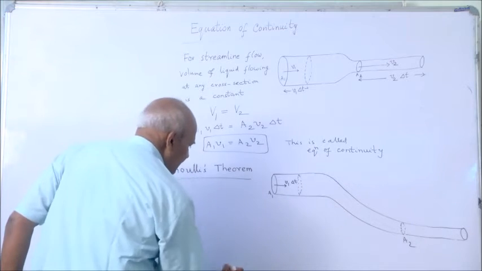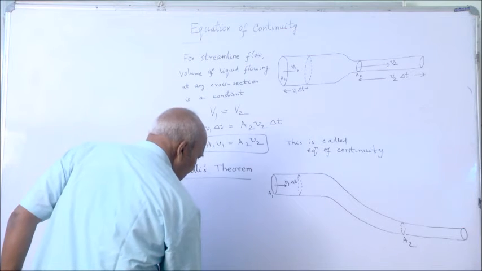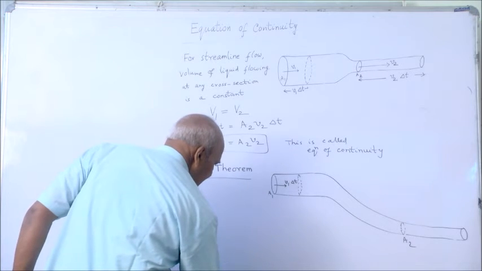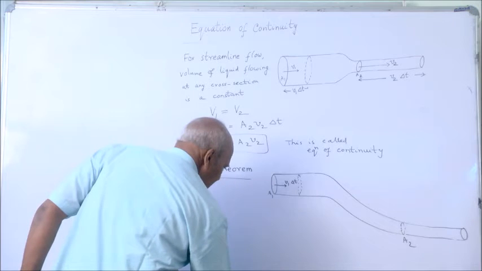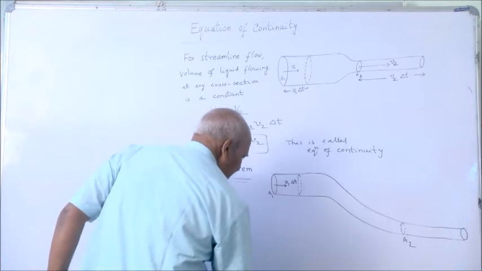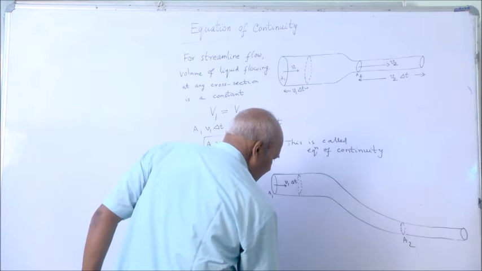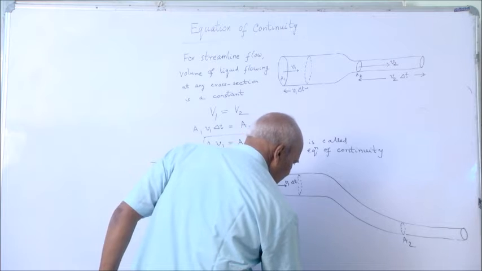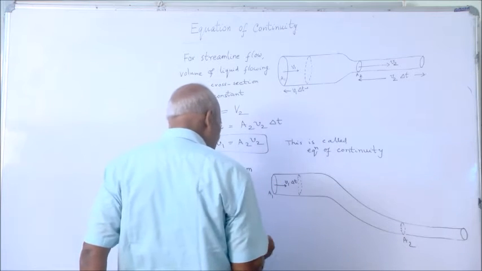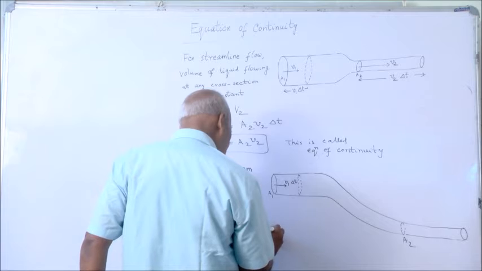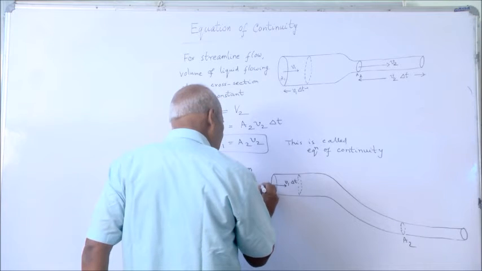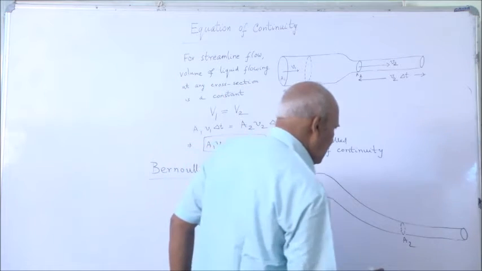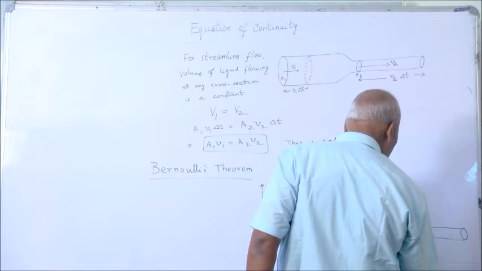So, this line represents level to measure potential energy. That means the height of the middle of the wider tube is H1 and here it is H2.